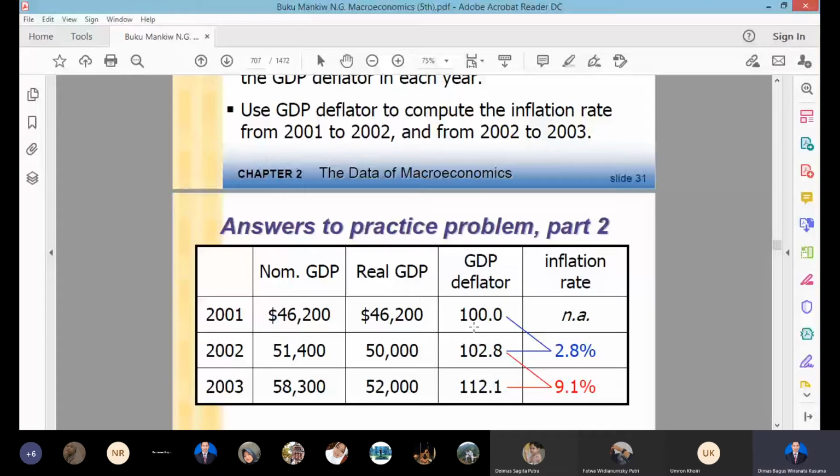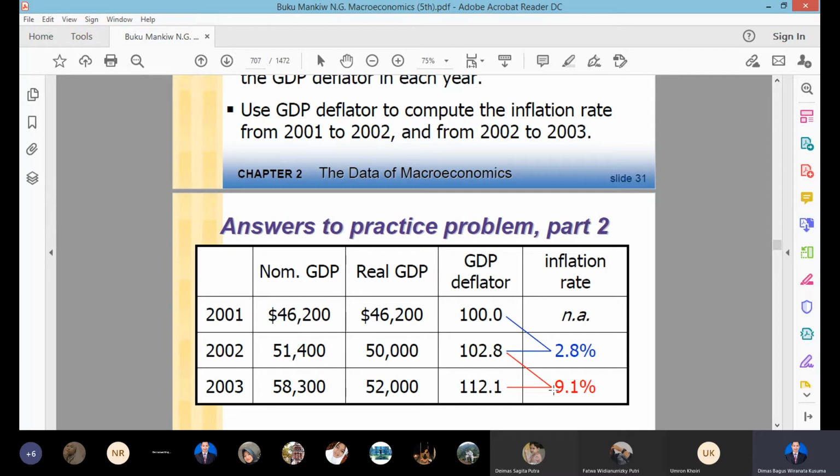So let me slowly repeat again: 102.8 minus 100, you get 2.8. This 2.8 divided by 100 gives around 0.028. And once you have this 0.028, times 100%, you get 2.8%. The same way you apply to 2003 and you get 9.1%.